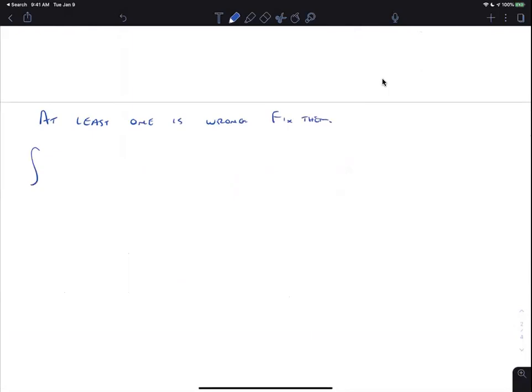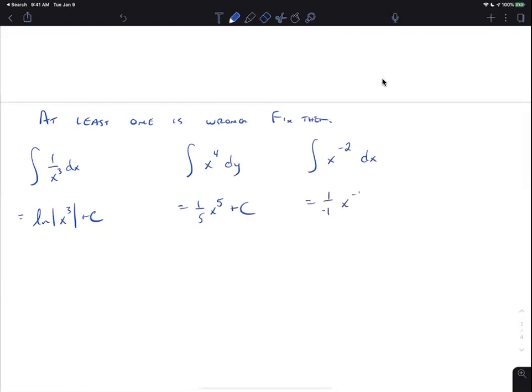Okay, so the 3 up here, at least one of those is wrong, and I want to know which one or which ones are wrong and why.